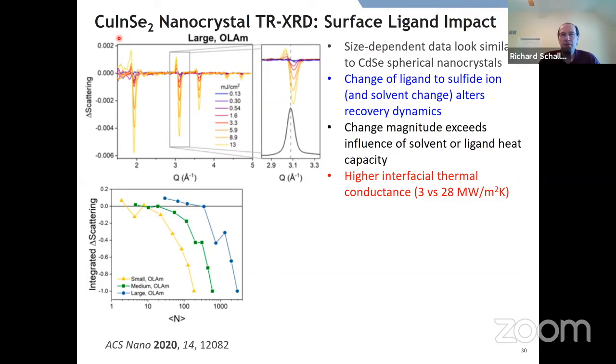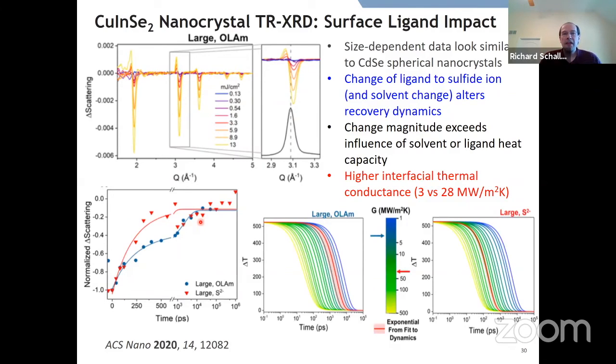So in copper indium selenide, we've looked at this system mainly as a way to get to solar cells and the additive manufacturing processes related to making bulk solids. A fairly quick synopsis of this type of data is that it looks a lot like the zero-dimensional nanoparticles, where a key development that is of interest, though, is that in these systems, we can either have oleylamine on the surface, which is a big alkane chain, or we can go to some of the most compact ligands possible, like S2 minus.